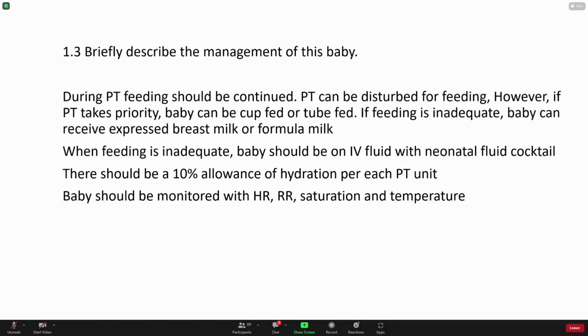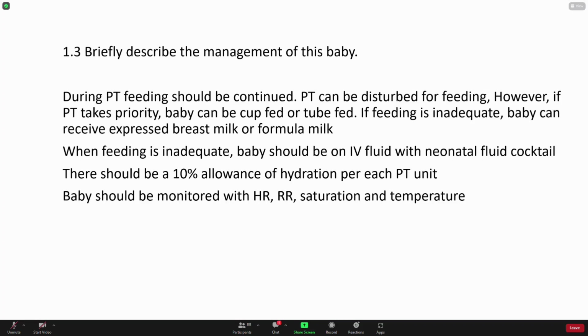Five steps. The question was: list five important steps in the long-term management of this girl. What are the important steps in the management of this girl? What do you do?